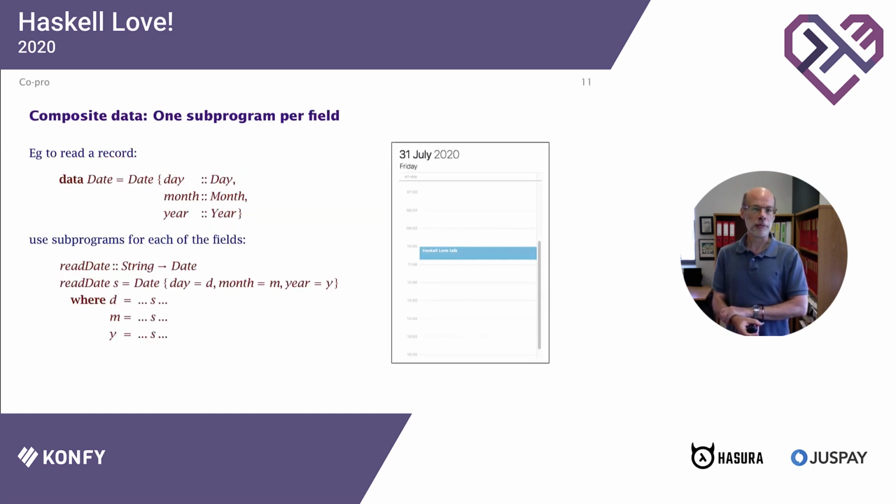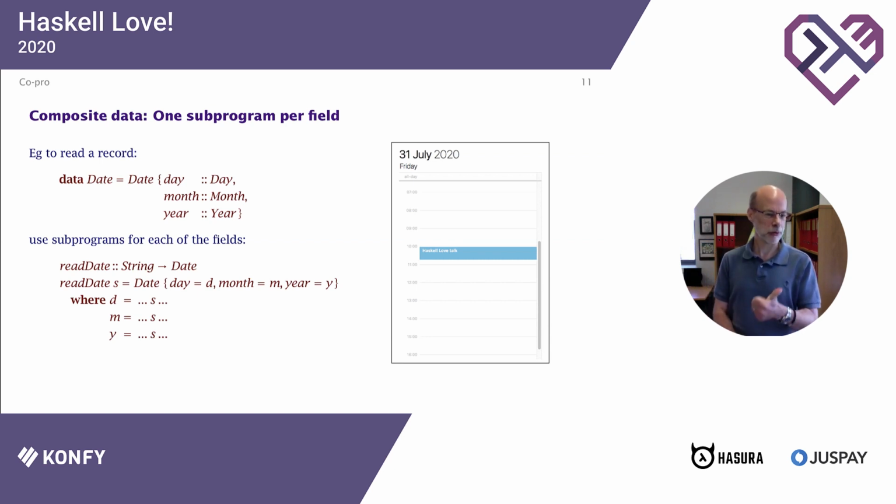So here's some composite data, a date. A date has day, month, and year. And if I want to produce a date, for example, if I want to extract a date from a string, one skeleton program structure says, well, I've got to produce a date. It has to be a record. It has to have day, month, and year fields. And those values are, well, I don't know yet, but let's call them D, M, and Y, and have one subprogram for each component of the composite.